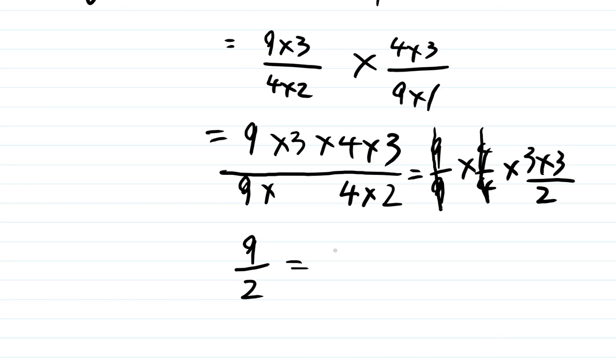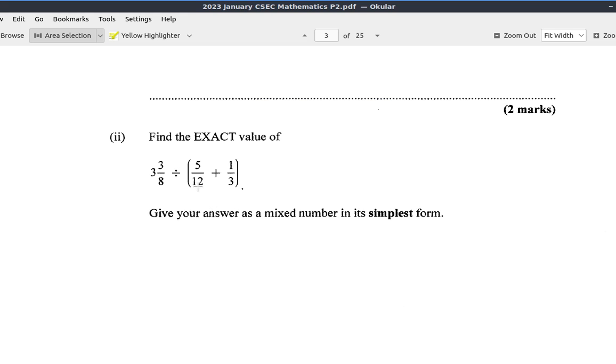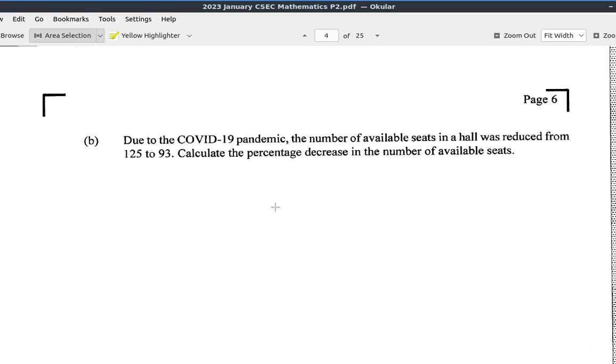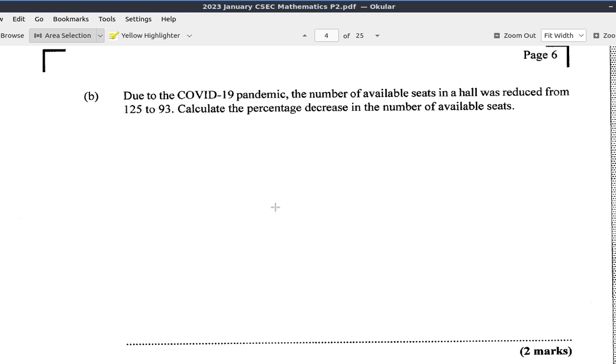So this is the same as 2 into 9 goes 4, 4 and a half as a mixed fraction. Alright? So that is the answer for question 1A, part 2. Here, let's look at question 1B.